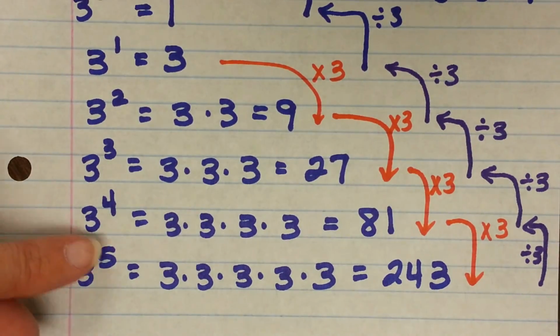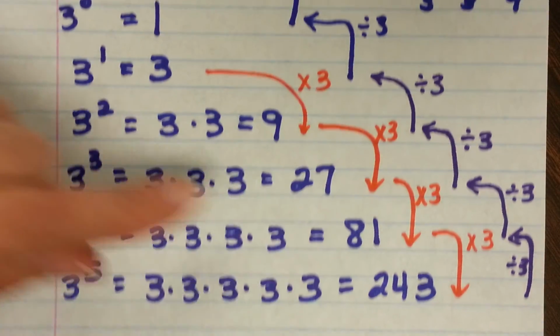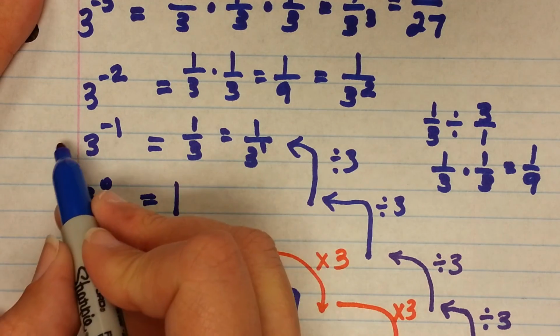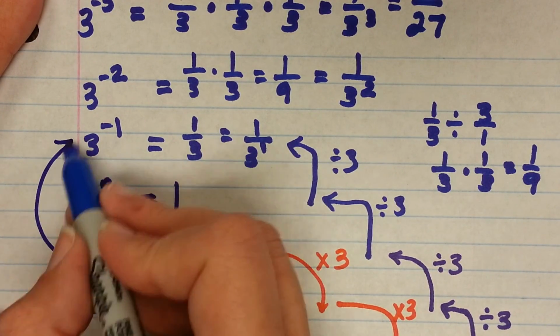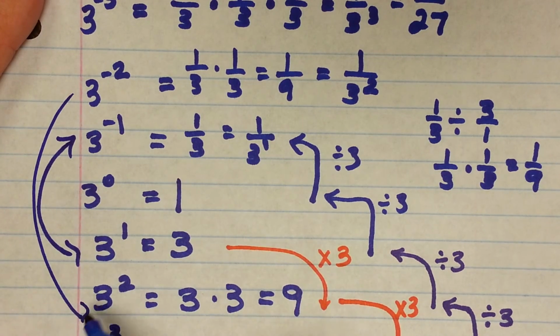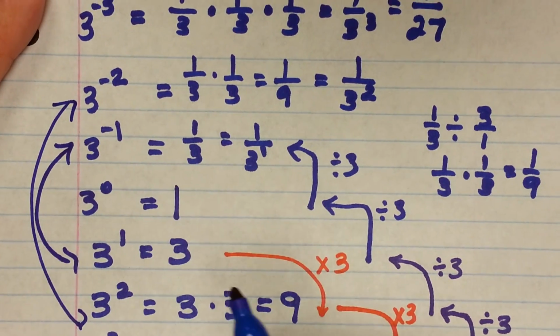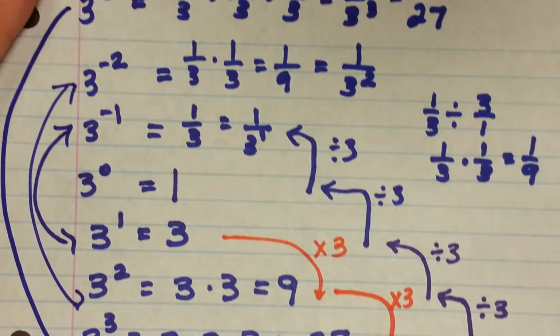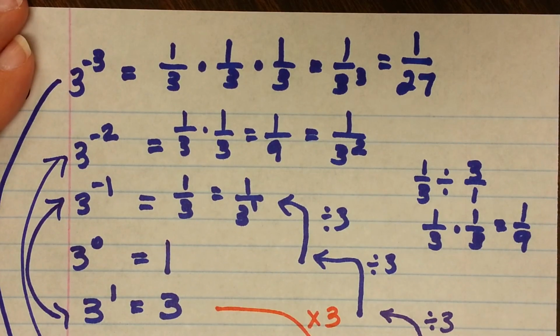If I had 3 to the -5, I would have 1 over 243. Are you seeing where those numbers came from? Notice here, those both had the 3. Here, they both have the 9. And if I went on back, both of these have the 27.